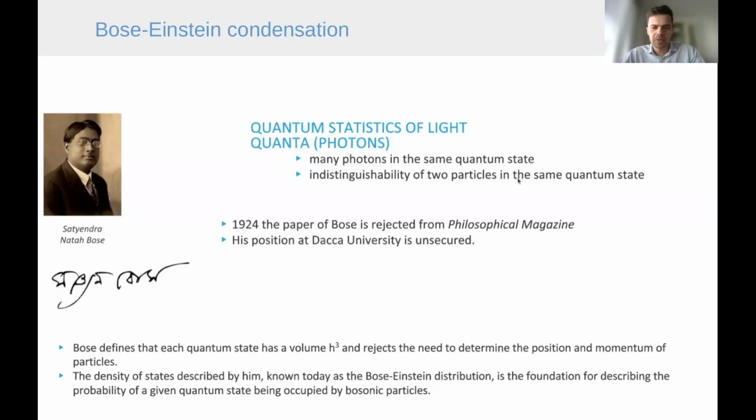By the way, another assumption was that each quantum state has a volume of Planck constant to the power of three. He wrote a paper and tried to publish it in a philosophical magazine, but his paper was rejected at that time.